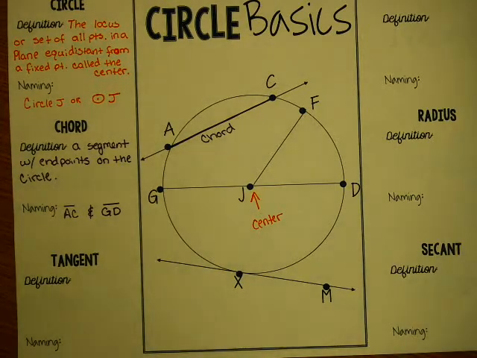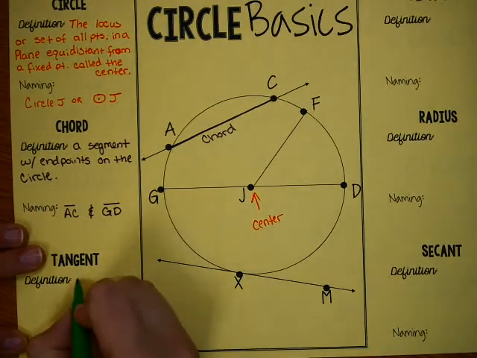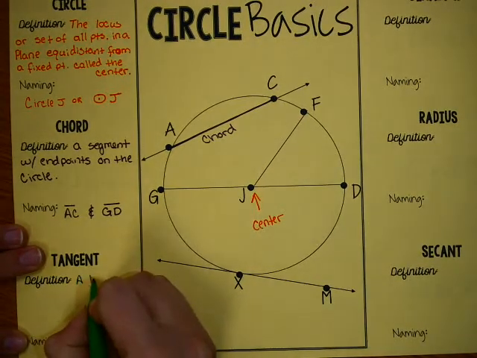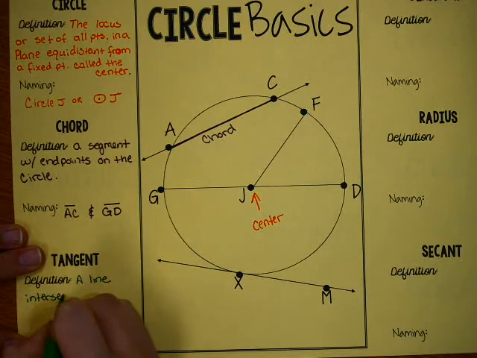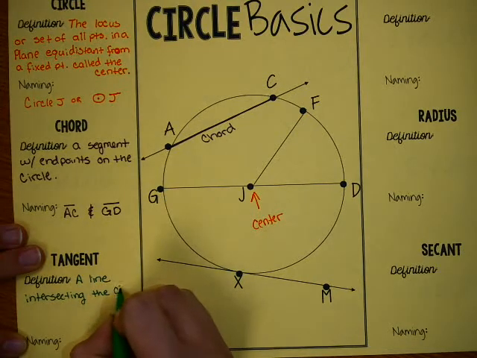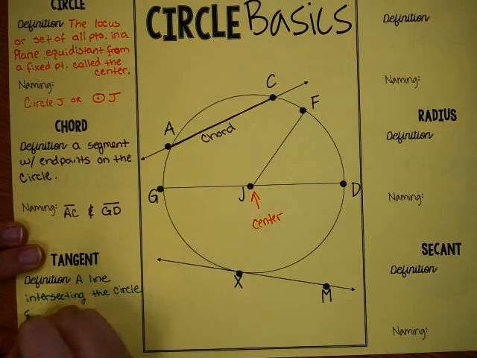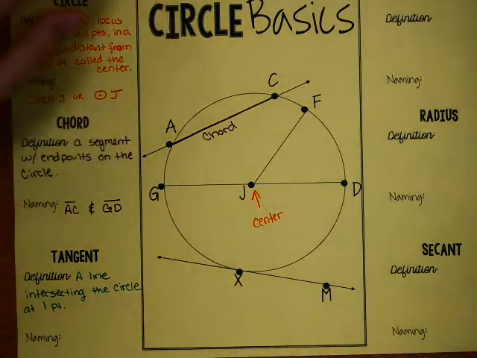Our next definition will be a tangent line. So our tangent line is a line intersecting the circle at one point. All right, and this point is called the point of tangency.